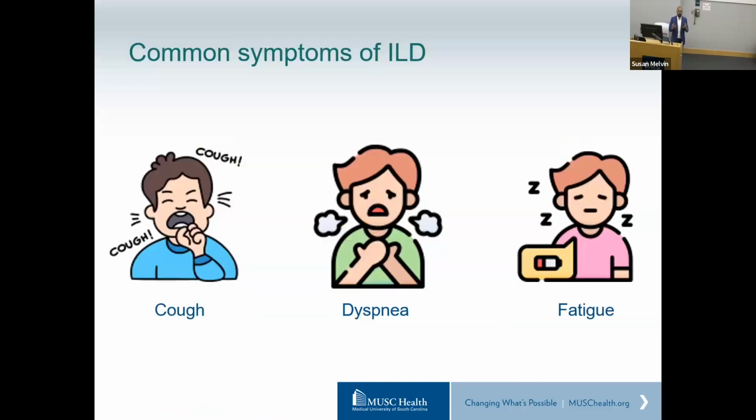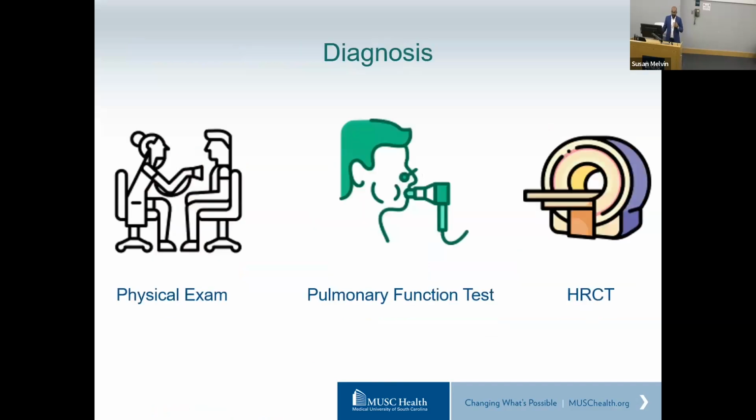How do patients come to me? They come with symptoms of cough, dyspnea, fatigue. And how do you get diagnosed once you have this? It's through a physical exam. All our rheumatologists, who our patients present with initially, and sometimes they come to the pulmonologist first with the symptoms. We listen for crackles. We listen to your lungs.